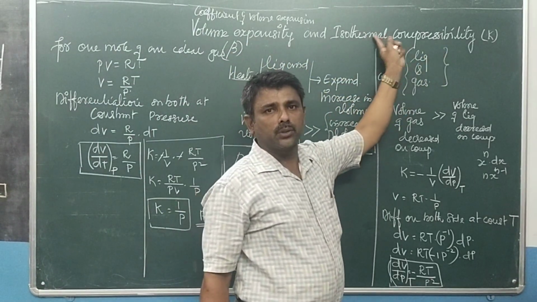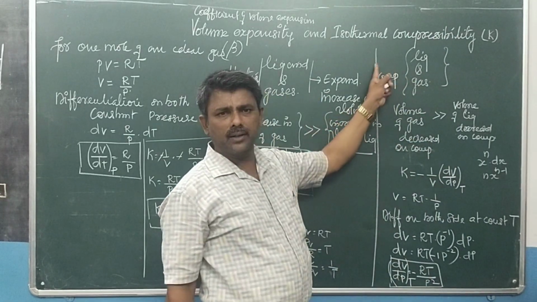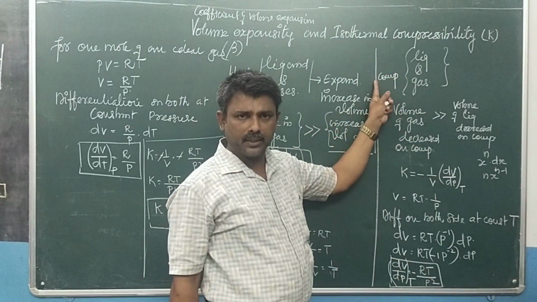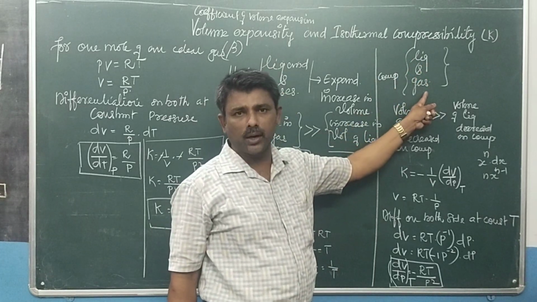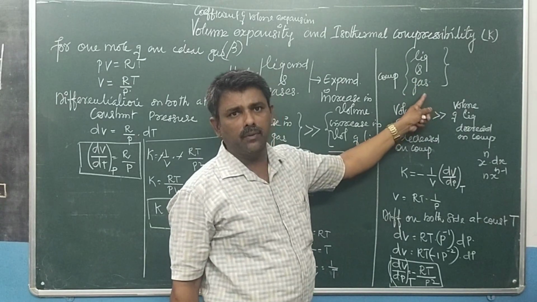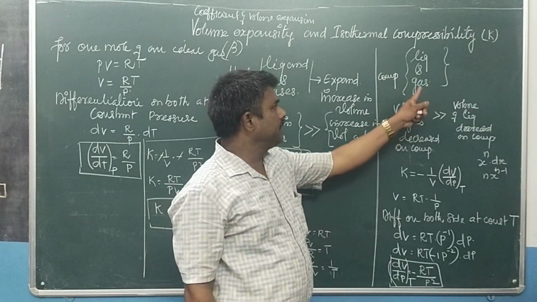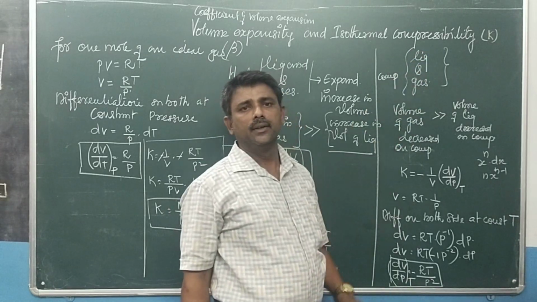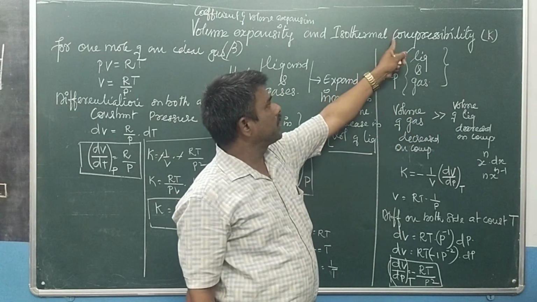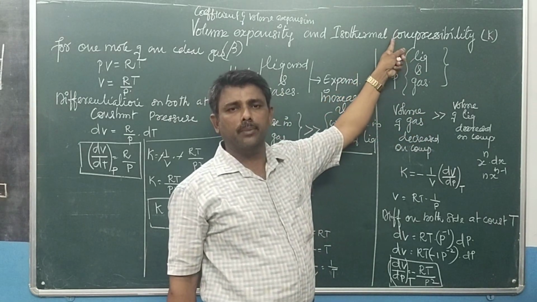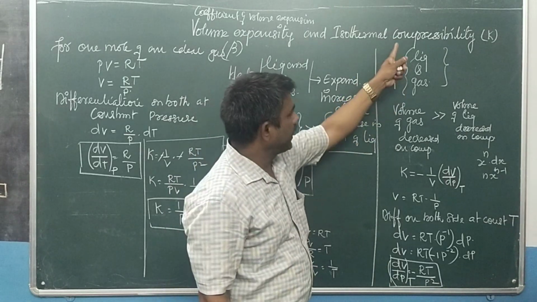Coming to isothermal compressibility. Upon compression, both liquids and gases decrease in volume. The decrease in volume of a gas by compression is much greater than that of a liquid. This phenomenon is described by the important thermodynamic property isothermal compressibility, also a measurable property.